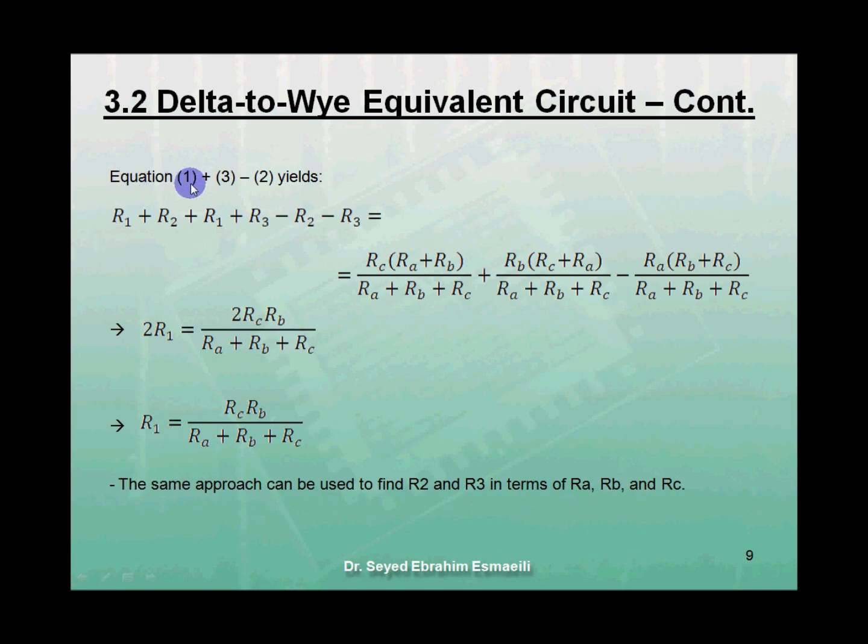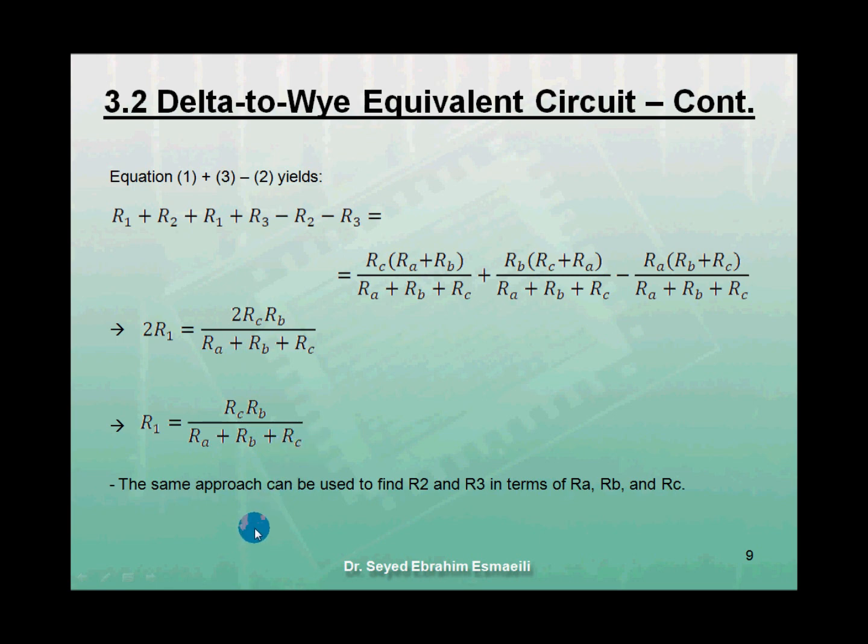Adding equations 1 and 3 and subtracting equation 2 yields R1 plus R2 plus R1 plus R3 minus R2 minus R3 equals RC times RA plus RB plus RB times RC plus RA minus RA times RB plus RC, over RA plus RB plus RC, from which we get R1 equals RC times RB over RA plus RB plus RC.